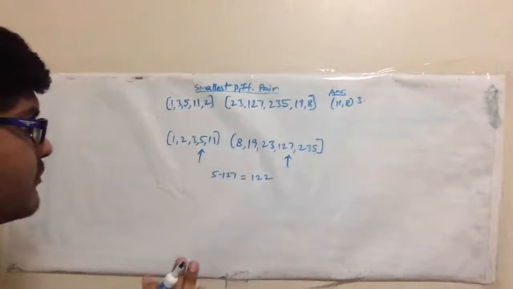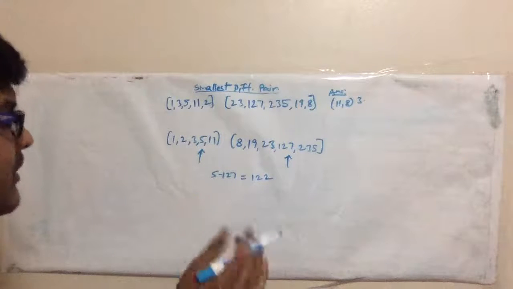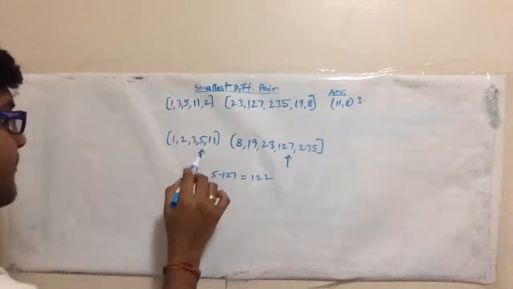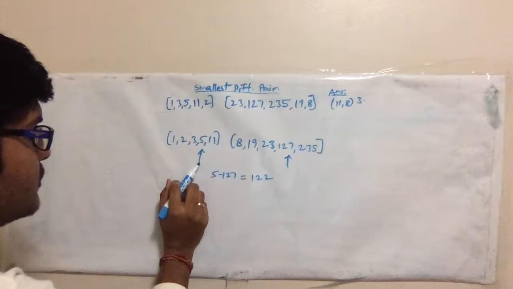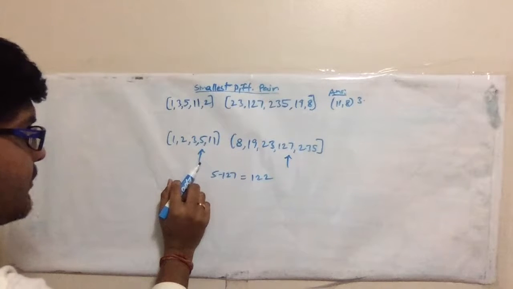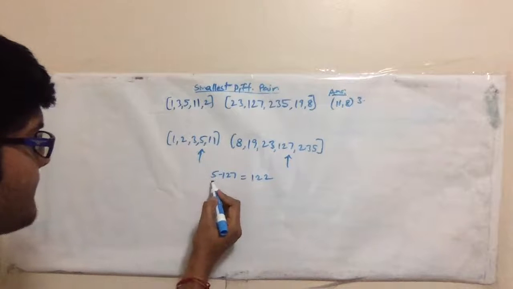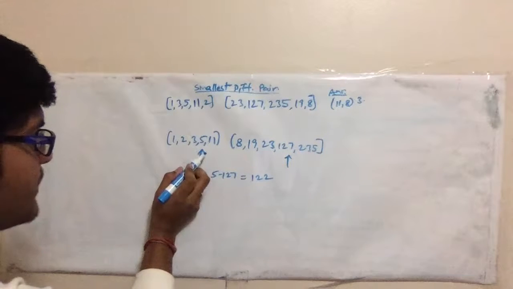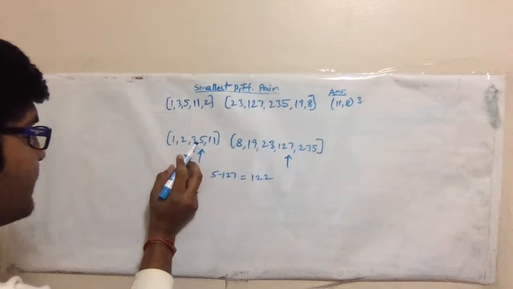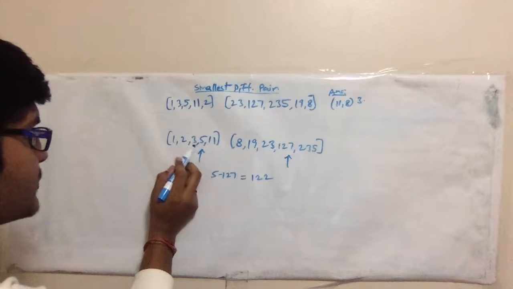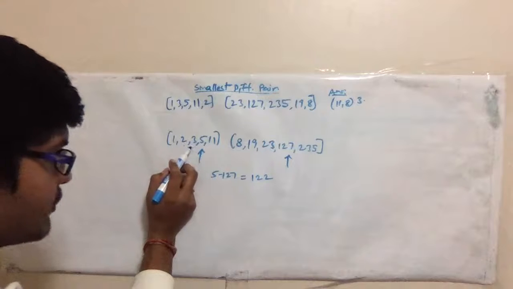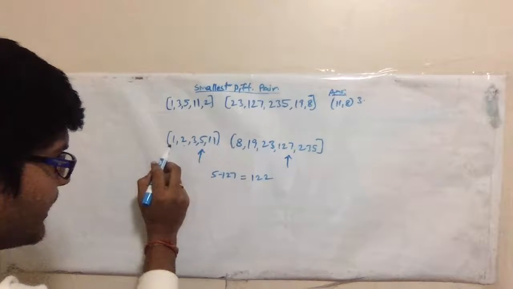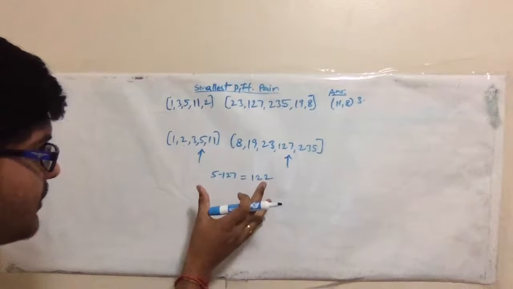So what can we do? One general concept here is, as this is a sorted list, any numbers previous to this would be lesser, and if you go with these numbers, the difference would be more.